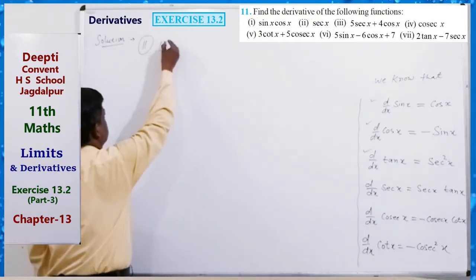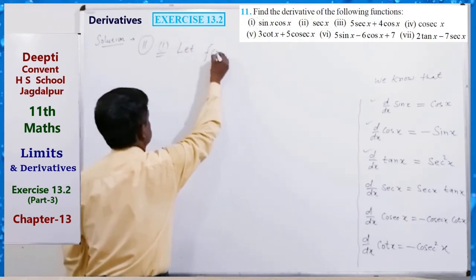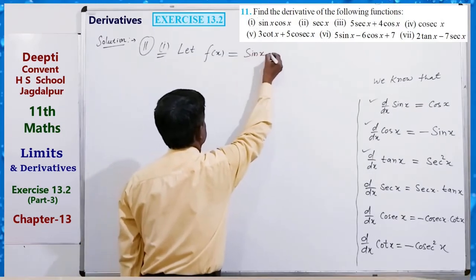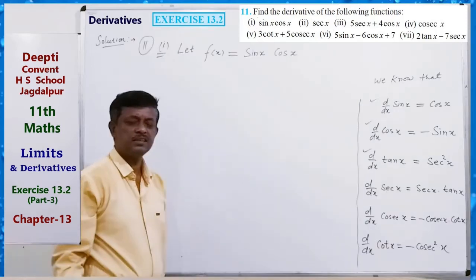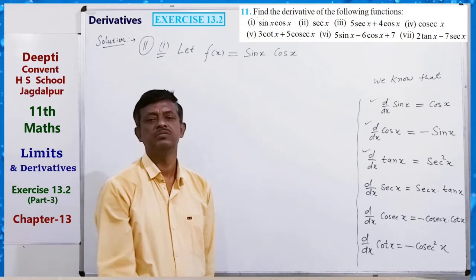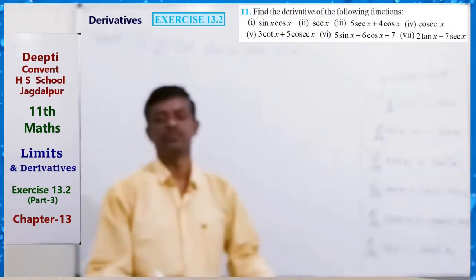So here, see the first question, 11 first. Let f(x) equals sin x into cos x. Here we see that sin x into cos x is the product of two functions. So the product rule can be used if we know these two as formulas.